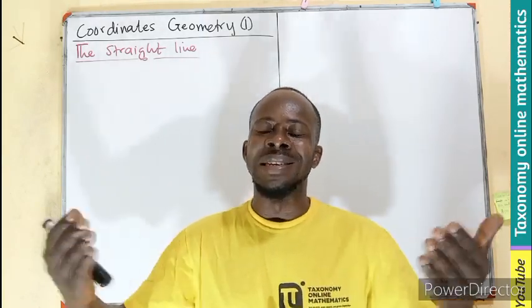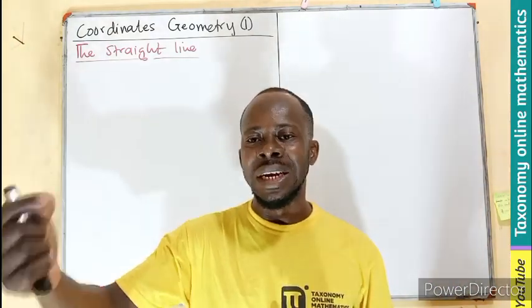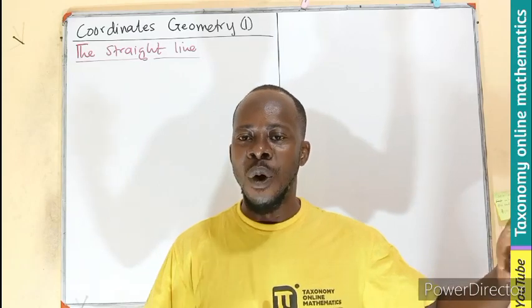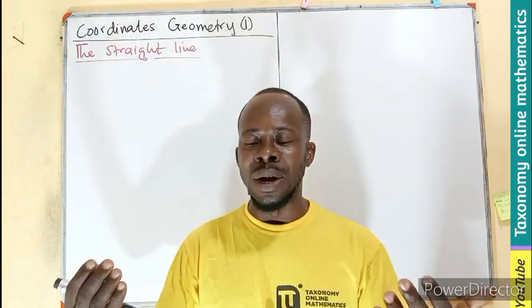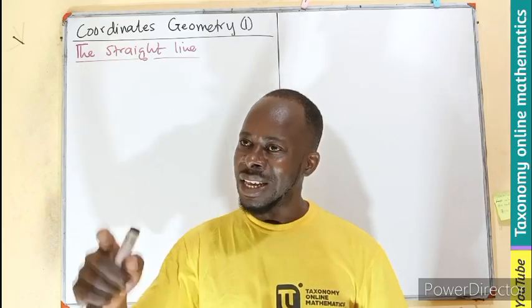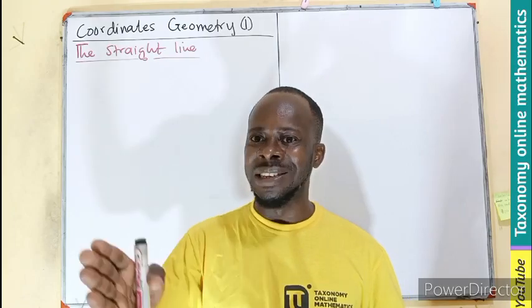What are some of the things we can look for? We are looking for the distance between two places. How far is one place from the other? Or when you are in traffic and you book an Uber, your destination is just right in front of you. You know that this is just the distance I can pass.